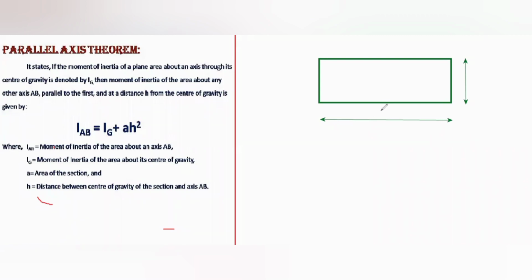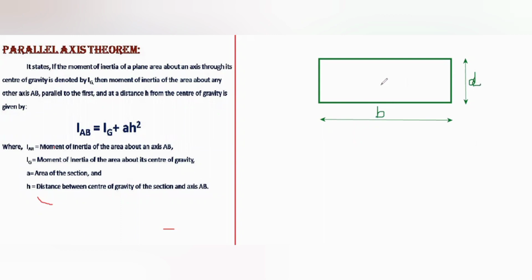It means that this one is b and then this one is d, breadth and depth.